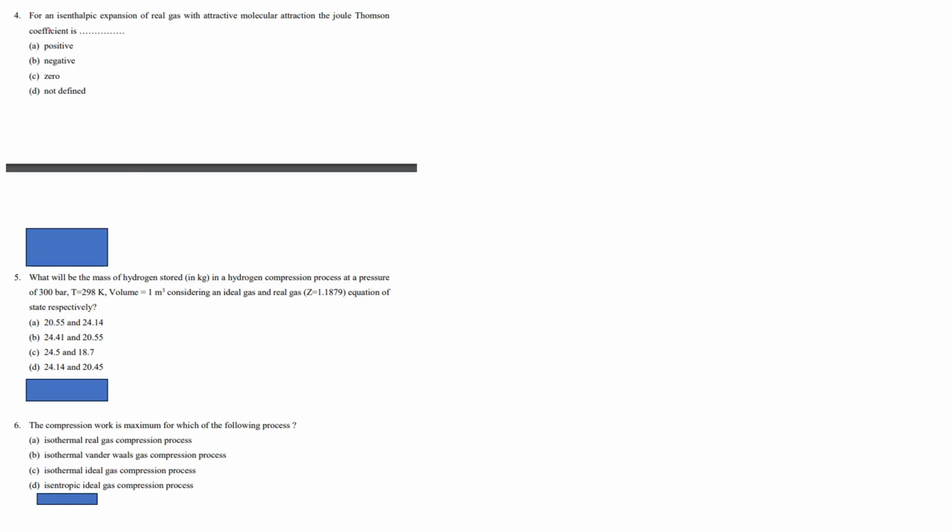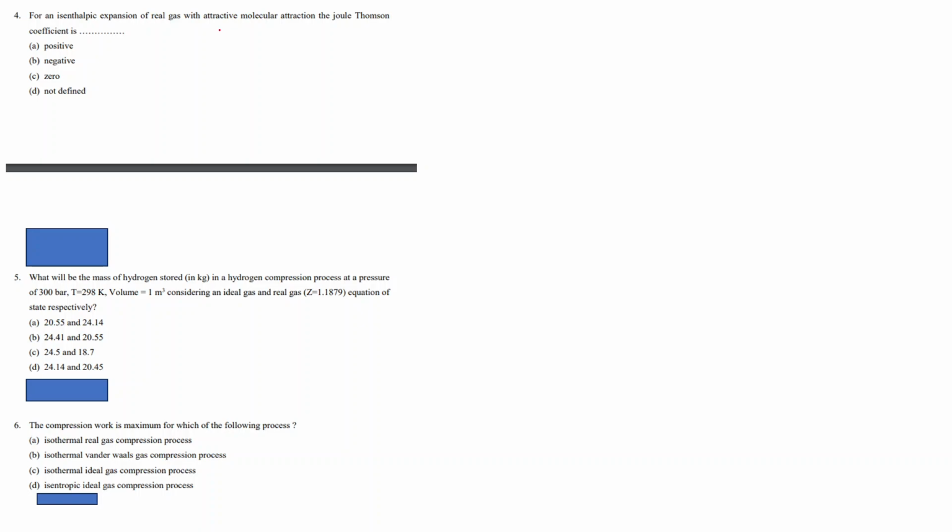Next, for the isenthalpic expansion of a real gas with attractive molecular attraction, the Joule Thomson coefficient is positive, negative, 0 or not defined. The question is for the isenthalpic expansion process. Isenthalpic expansion process is also called the throttling process or Joule Thomson expansion process.